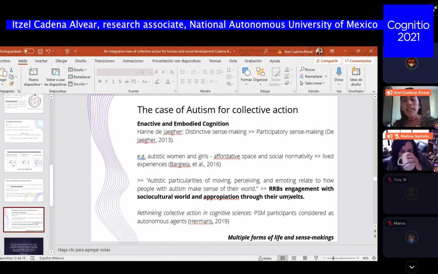So, we are taking the autistic traits as their own umwelts, as their form of life, and also as their own sense making, like an autistic umwelt. So, in our way of rethinking collective action in cognitive science, it is not only to take into account different umwelts, but also to consider participants in our research as autonomous agents, based also on the participatory sense making notion.